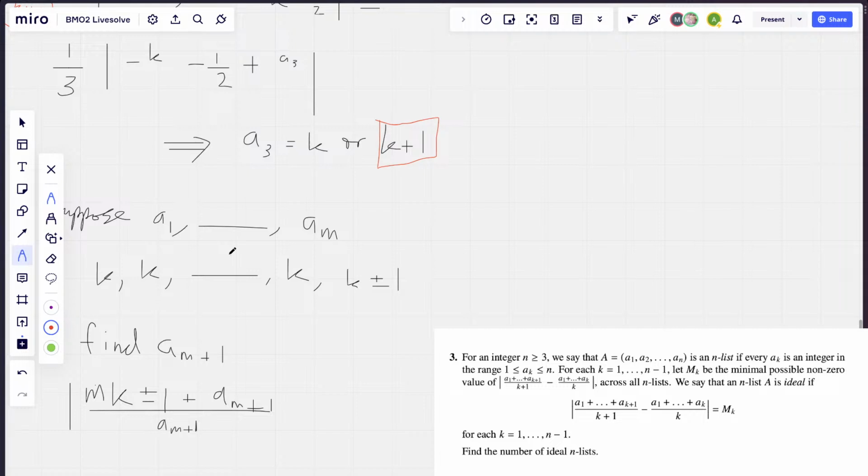And then a3 is equal to m, up to an. A2.